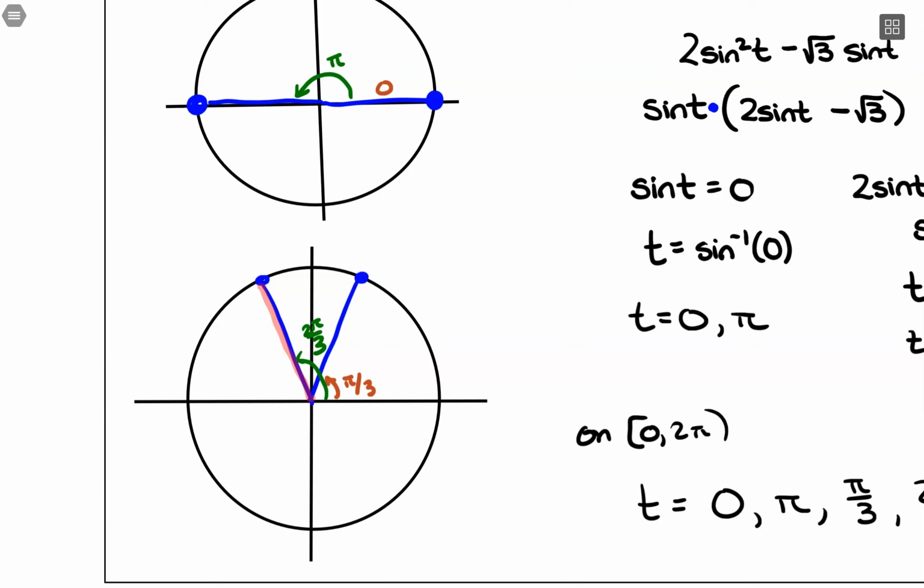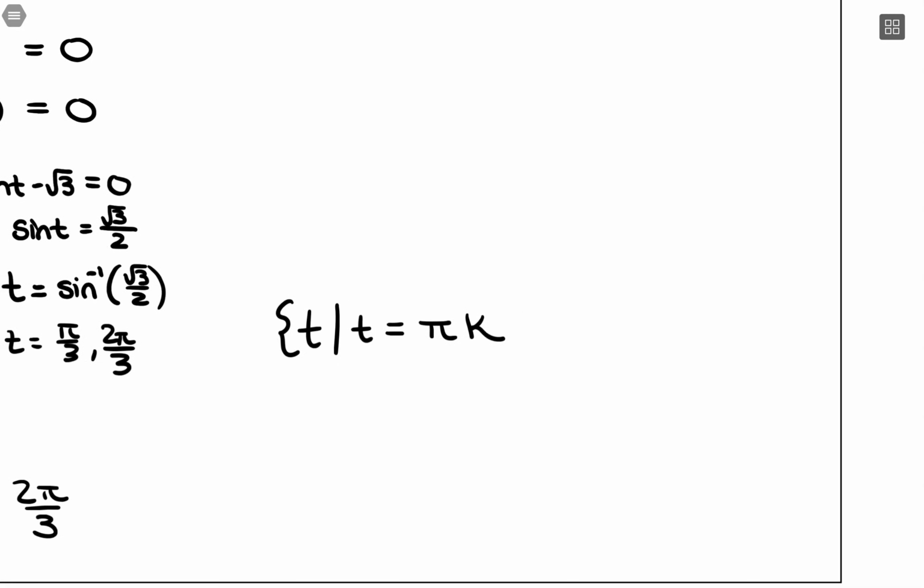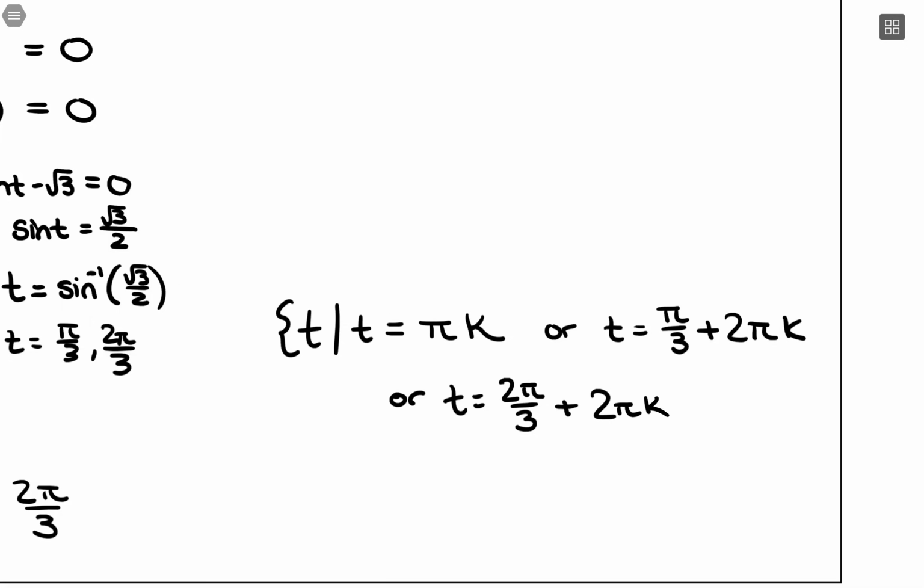And I want 2 pi over 3 and any interval of 2 pi around that. So I'm going to have two separate equations for those. So, or t can equal pi over 3 and any increment of 2 pi, or 2 pi over 3 plus any increment of 2 pi, where k is an integer.